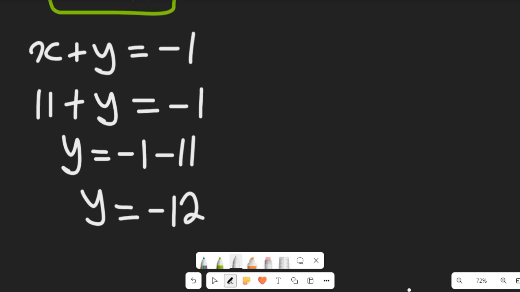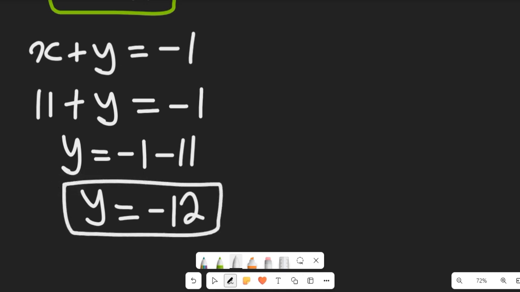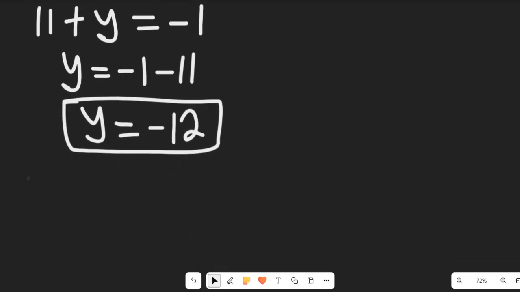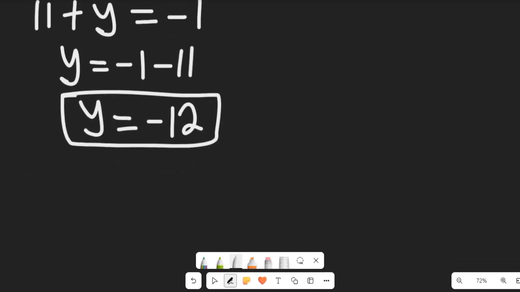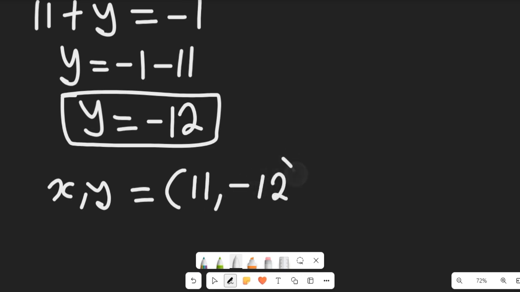And that is the value of our y. So from this expression, we have seen that x comma y is equal to 11 comma negative 12.